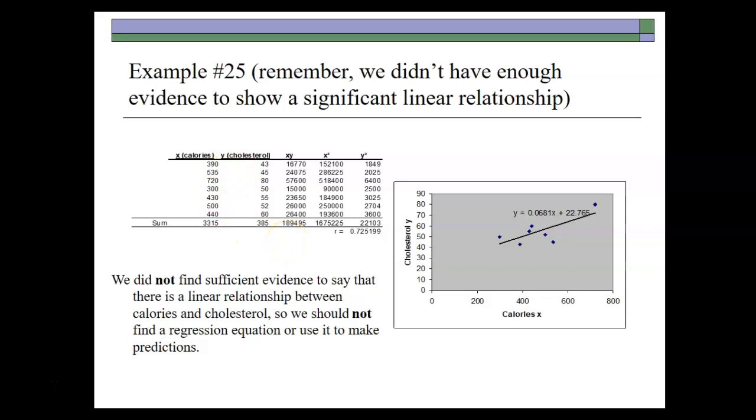So when that happens, when you do your significance testing and you conclude that there's not enough evidence to say that there's a relationship, then you have to stop right there. You shouldn't go on to find a regression equation or use it to make predictions.